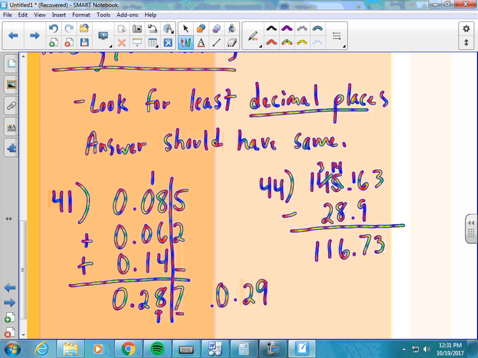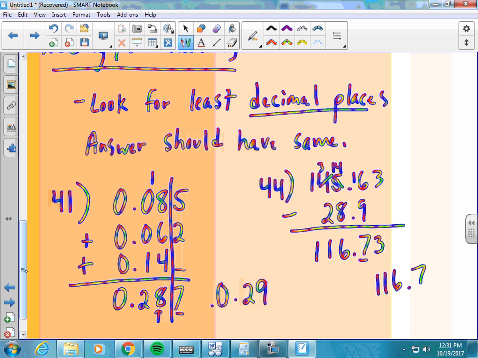So there's my unfinished answer. And you guys said we should have 1 decimal place for the answer. So we're going to go 116.7 or 116.8. Okay, so adding and subtracting is all about the decimal places, or what's the smallest value of significance, really. Lowest value of significance.